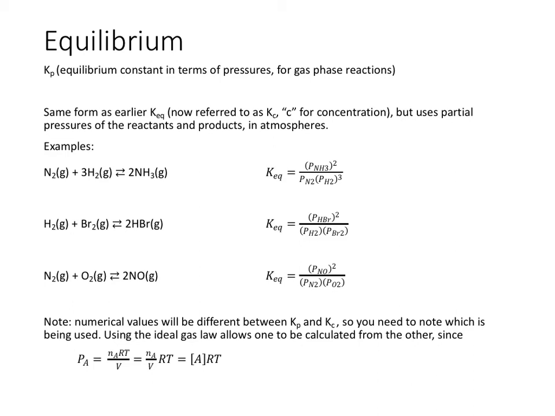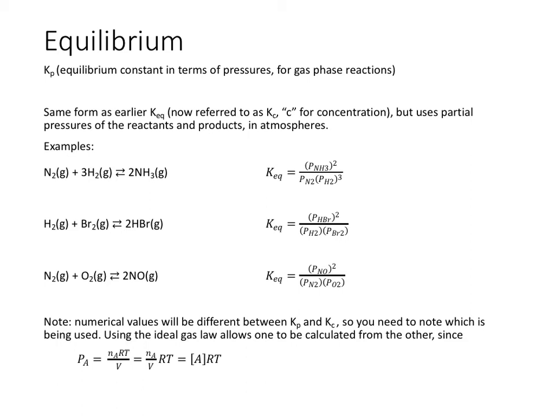So here are my three reactions again. N2 plus 3H2 are in equilibrium with 2NH3, and it's still products over reactants. But notice that now we're going to be using partial pressures rather than concentrations.